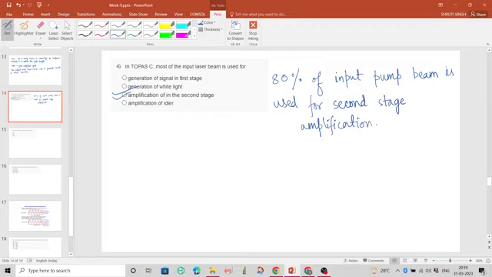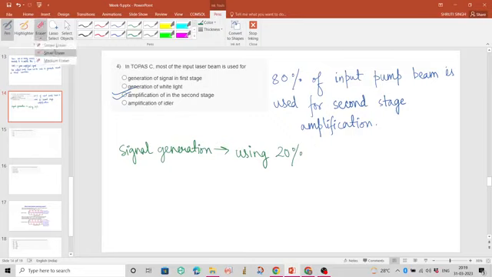Second stage amplification. The first option says generation of signal in the first place. No, signal is generated using, let me write here, signal generation is happening using, sorry, 80% of the 20%.